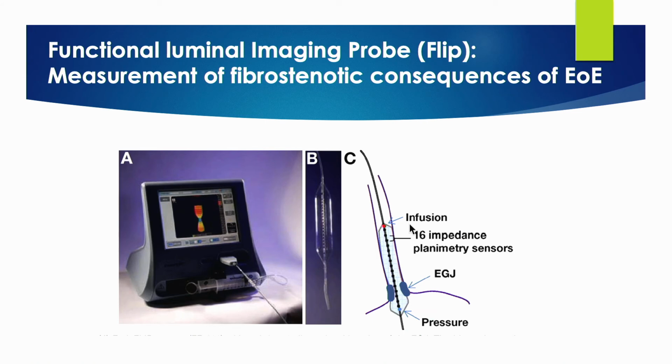Sometimes complementary tests like esophagram and Endoflip are used. For those of you who aren't familiar with Endoflip, it's a catheter, a floppy balloon that is filled with a conductive fluid. There's 16 impedance planimetry sensors in the core, and we apply a current to it.